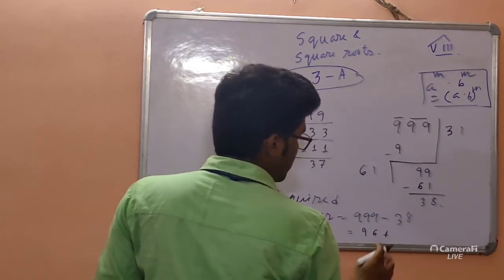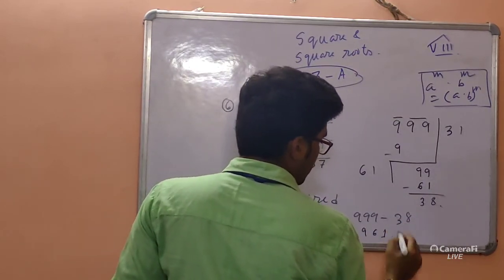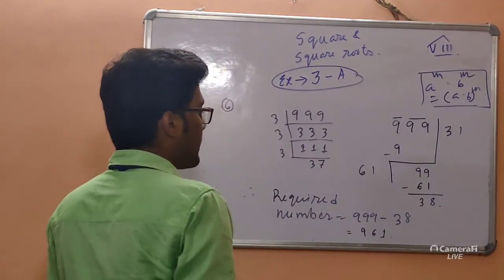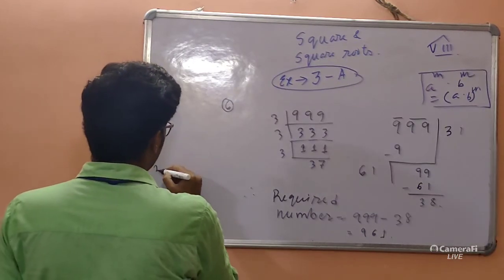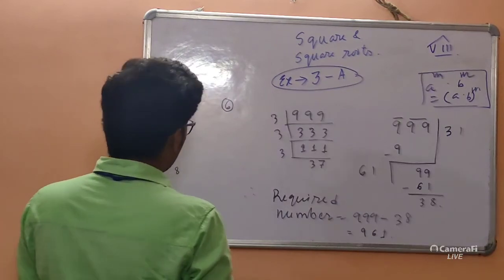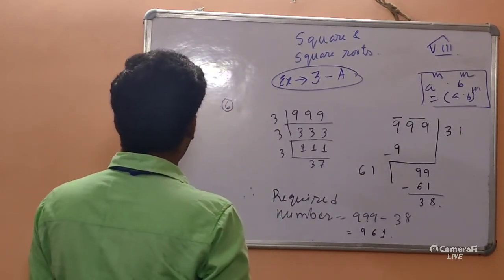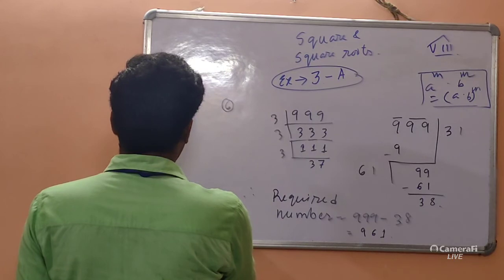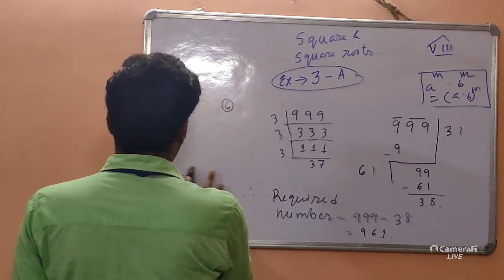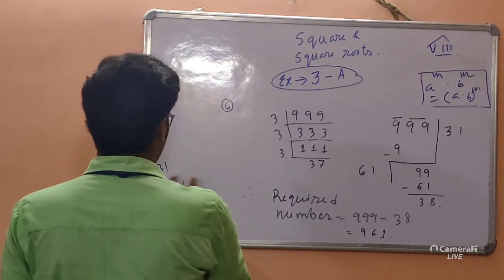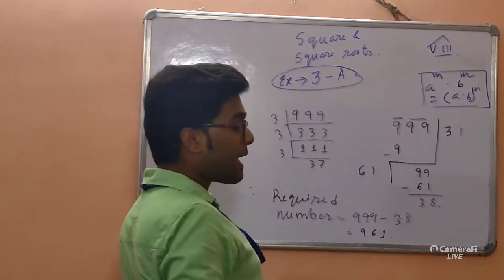So what we have here? Clear? Okay, so I have just checked which square this is.